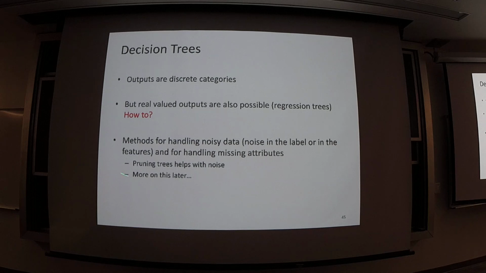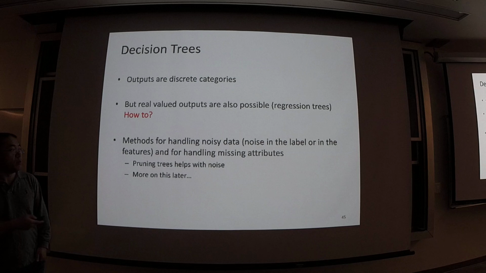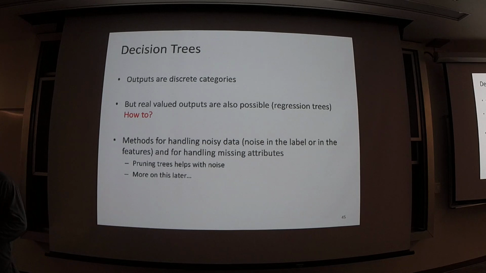Like how do you prune the structure of the trees, and that will help with noise. And how do you complete the missing attributes, or incorporate the missing attributes into the computational ranking of the features to do the splitting. That's something we'll discuss later.